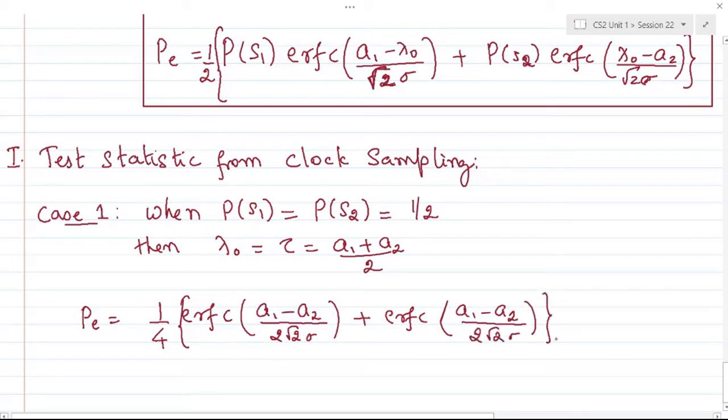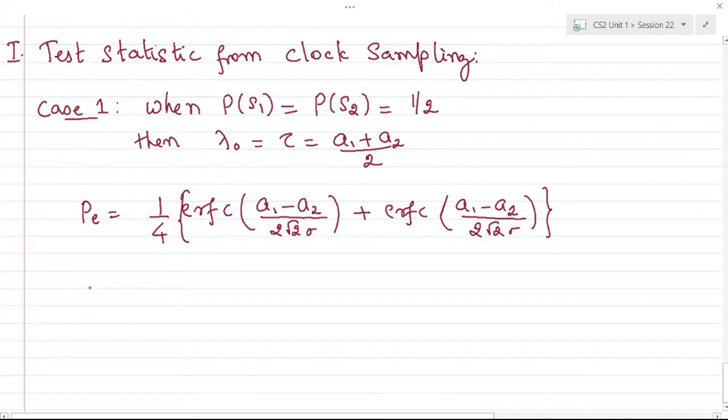And hence this gives us a similar expression to what we had in the last class. This is the complementary error function of (A1 minus A2), which I had taken as delta Z if you can recollect, the difference between these two means. Now I have just used other variables, A1 and A2. That's the only difference.